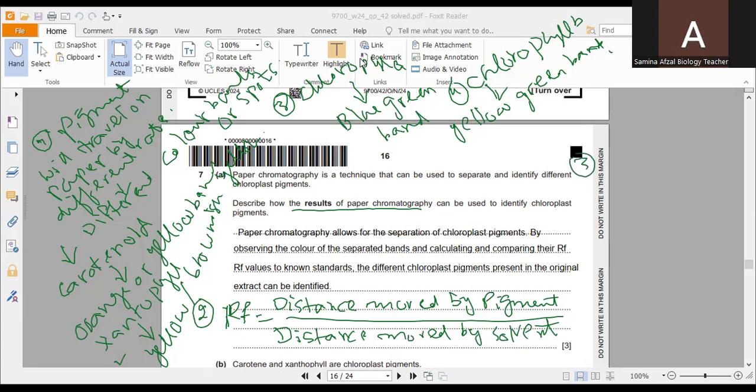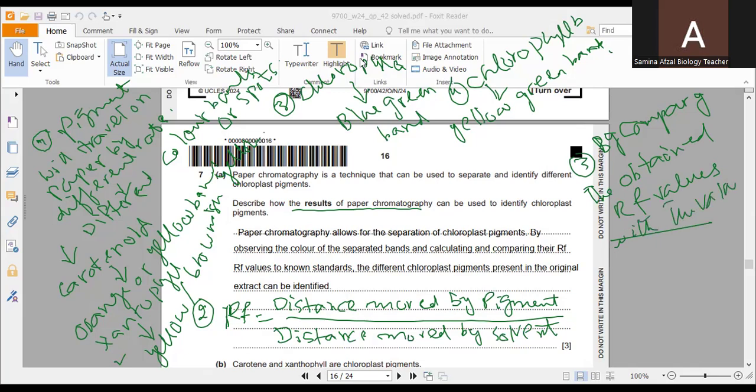So we can write that by comparing the obtained RF values with the values of standard pigments, we can identify them.